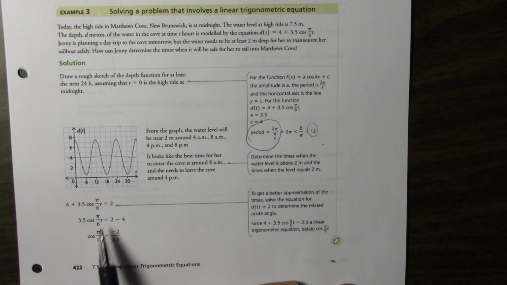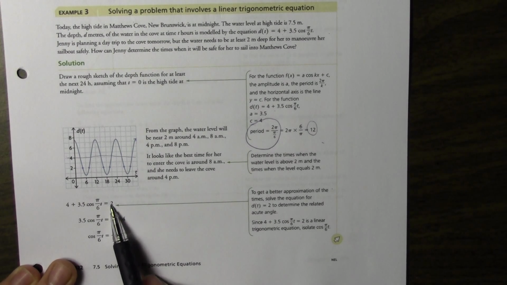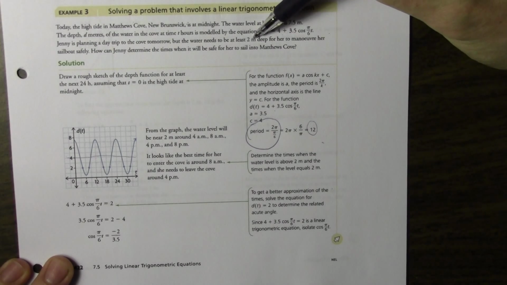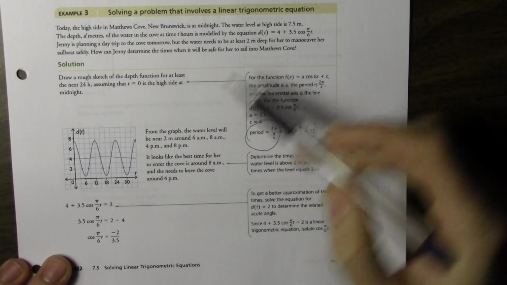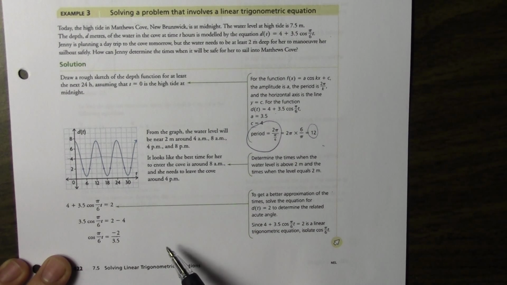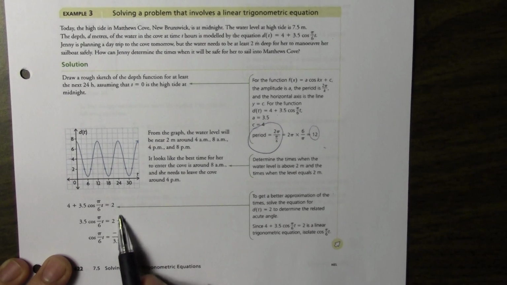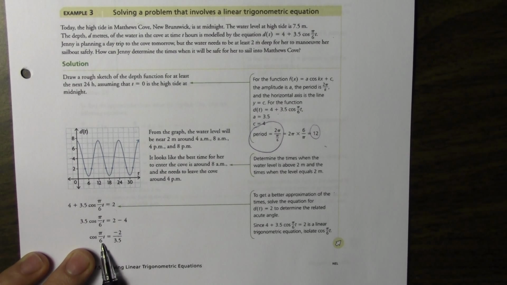The next thing we want to do, what we're learning in this section 7.5, is set the whole equation equal to 0. Why? Because we know that at the depth of 2 meters it's safe to leave, so we're going to set the depth, which is d(t) here, to 2. And then we're going to solve it algebraically. So we combine like terms, moving over the numbers to the other side, divide by 3.5. We have this term now: cos of pi over 6 times t is equal to negative 2 over 3.5.